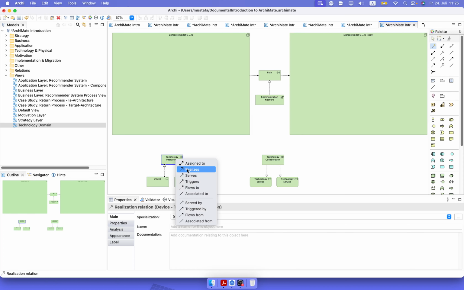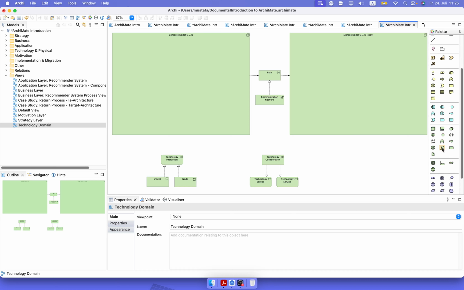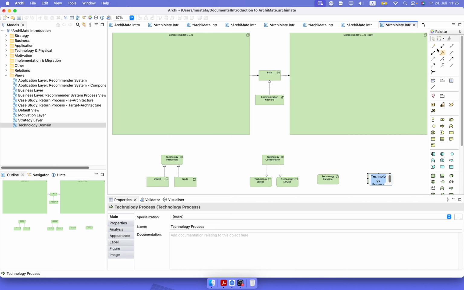Let's see the node realize. So the technology interaction is realized by the structure elements, device and node. Technology collaboration is realized by the behavior elements, service, component, process, function. We are here. Let's add these ones for the sake of explaining this.